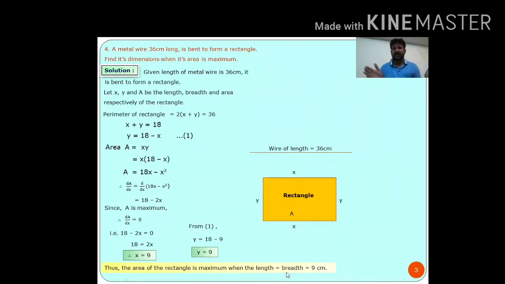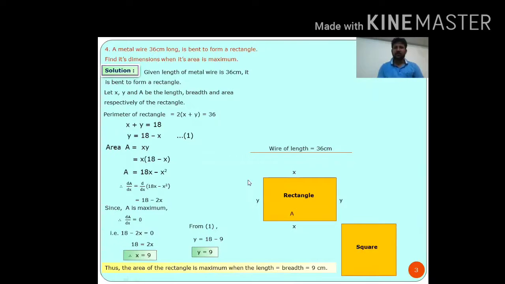That means the rectangle becomes a square because all sides are equal. So the simple conclusion is that a rectangle has maximum area when it becomes a square. So the first problem, finding the dimensions of that rectangle, is done.